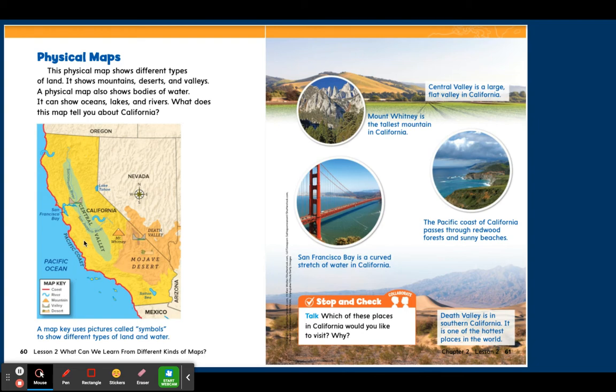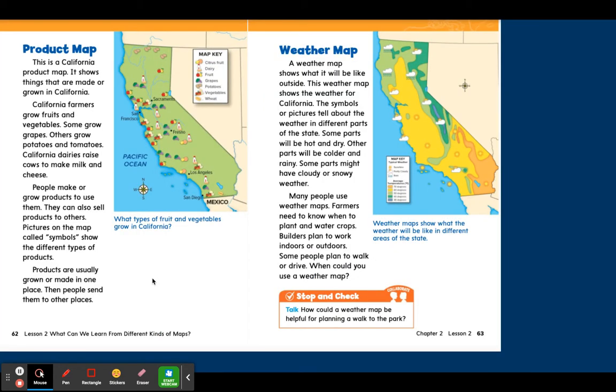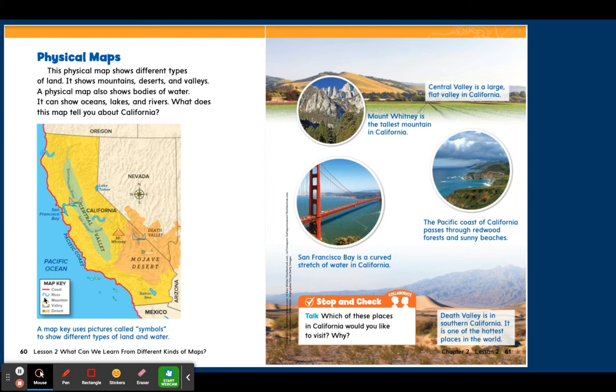So if you look at this map, an overview of the map, it will tell you that right here in the middle of Central California, there's a river. Okay, see if you can find the other river. If you said over here, you are correct.